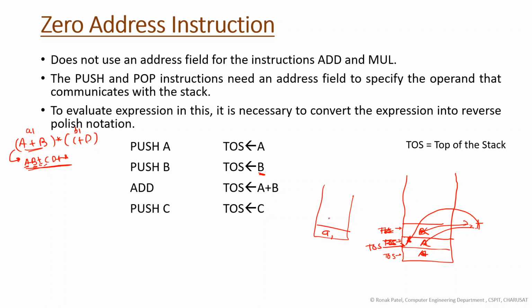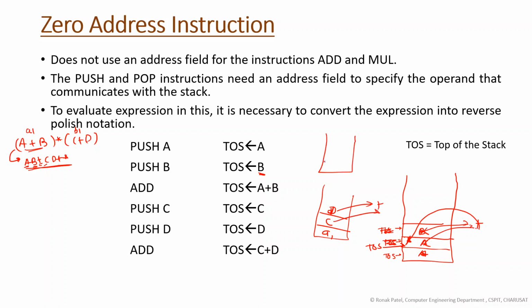Then it will push C, it will push D, right? Then again plus means add, right? So it will pop these two values D and C, add it, and again store. So now your stack is like this: A1 and the result of C plus D, that is B1.